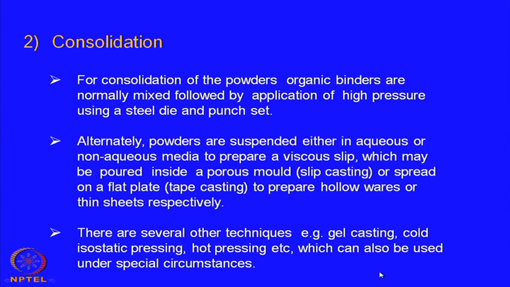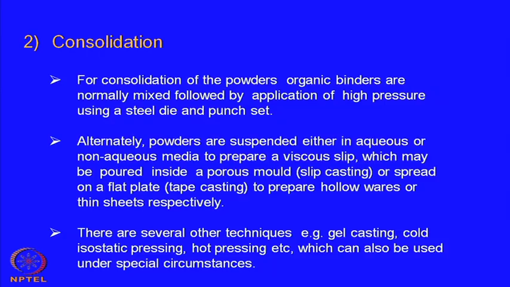In this case, of course, one cannot use a liquid because it involves high temperature, and therefore one has to use a hot gas environment. Hot isostatic pressing is one of the latest techniques, and most of the high performance ceramics are made by it. It is quite expensive, but it has its own advantages.